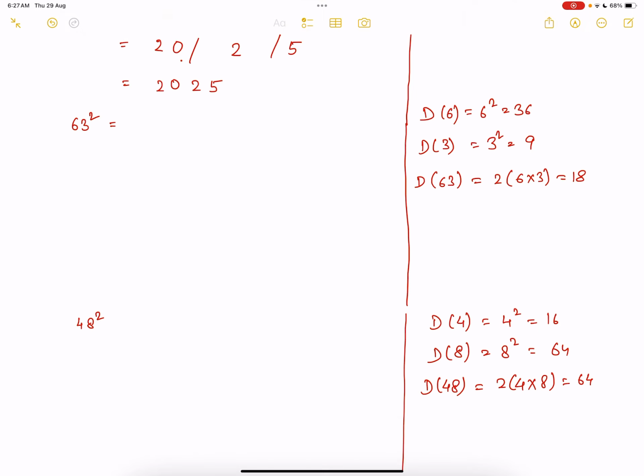So for 63 square, you need D6, D63, and D3. D6 is 36. D63 is 18. And D3 is 9. So we get 9, 8, and this 1 gets carried over. 6 plus 1 is 7. And this 3 gets carried over. So it is 3, 7, 8, 9.